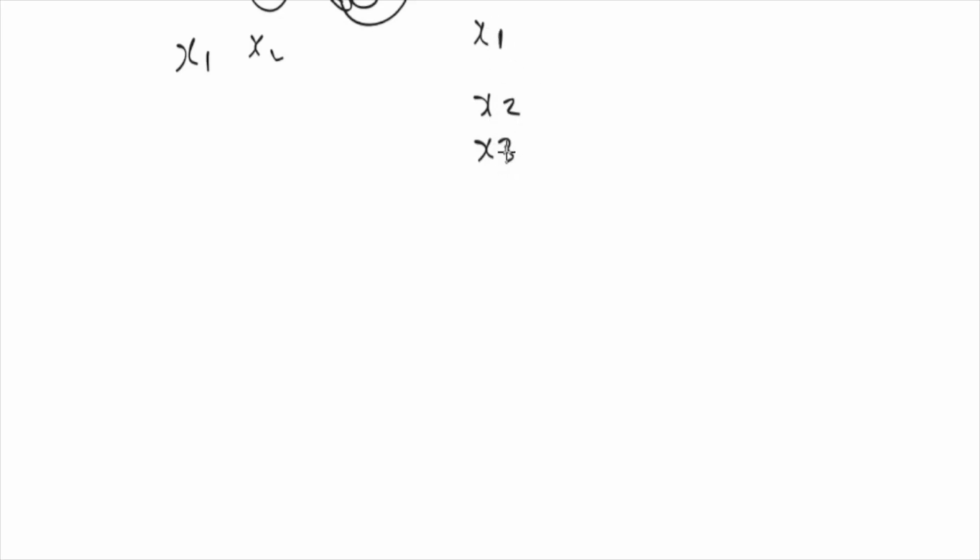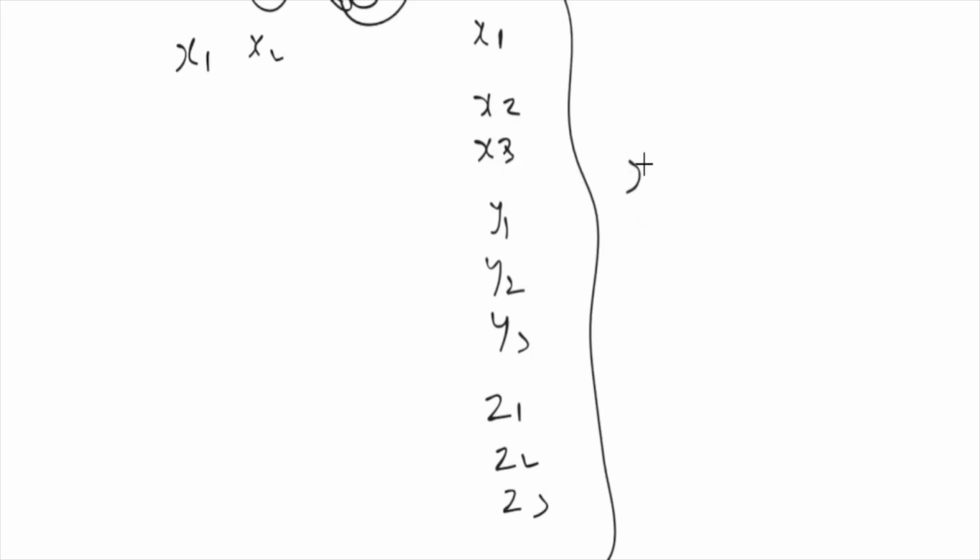These 1, 2, 3 are not for directions, they are for particles. And then y1, y2, y3 for the second particle, and similarly z1, z2, z3, and so forth and so on.